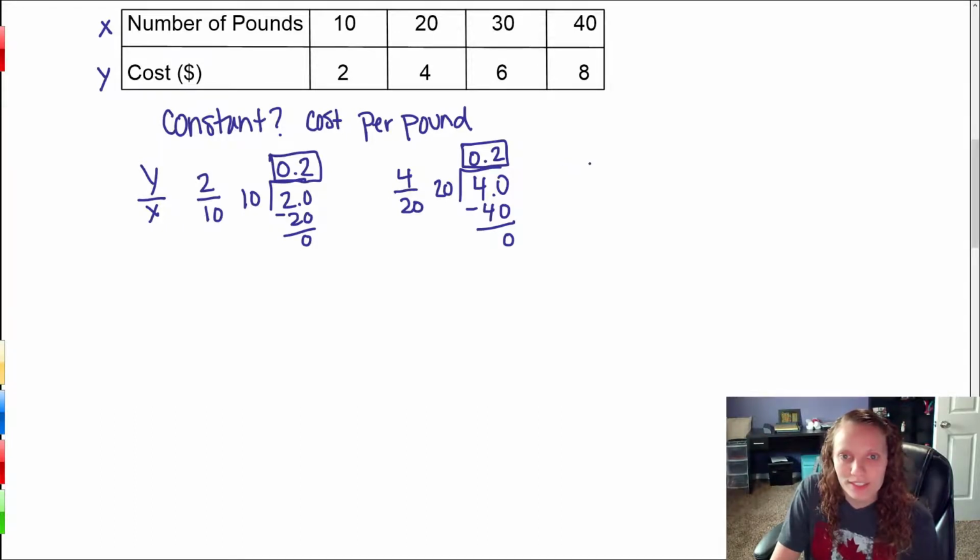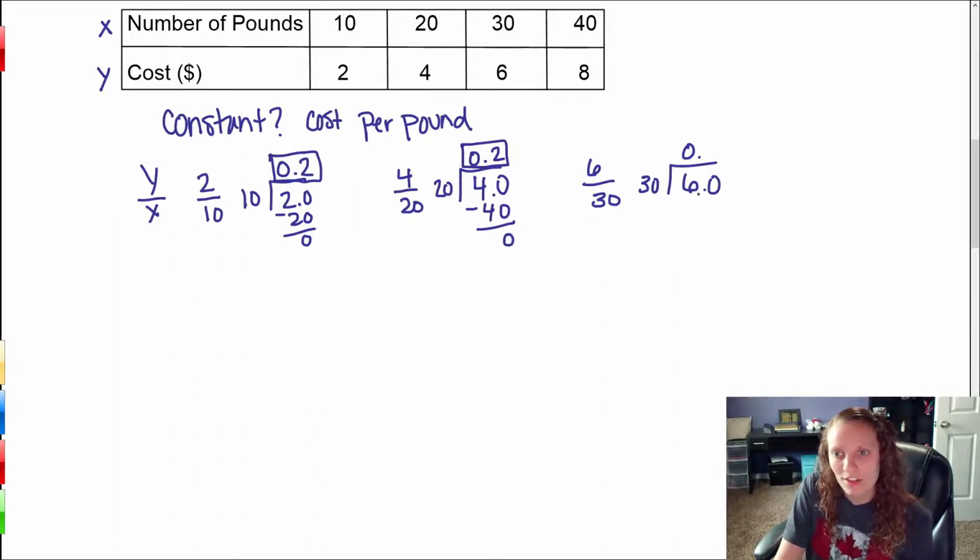So 6 over 30. First in, last out. 30 does not go into 6, so I'm adding my decimal and zeros. 30 goes into 60 twice. 3 times 2 is 6, so 30 times 2 is 60. Okay, 0.2 again. So far it's looking good.